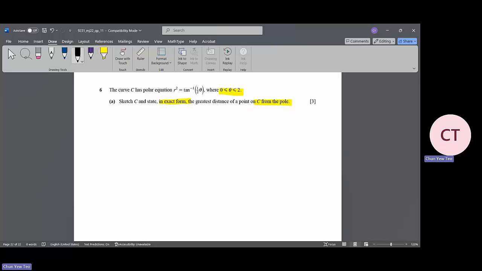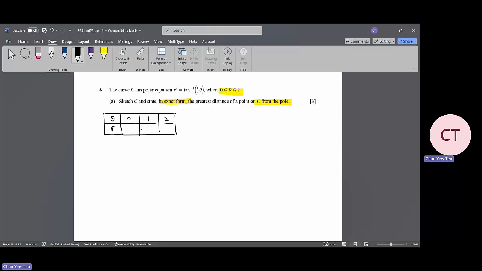Okay, so over here, usually we will draw the table to make sure that we have a more accurate, more systematic way to plot the graph. So this is the data, this is the r, 0, 1, and then 2.